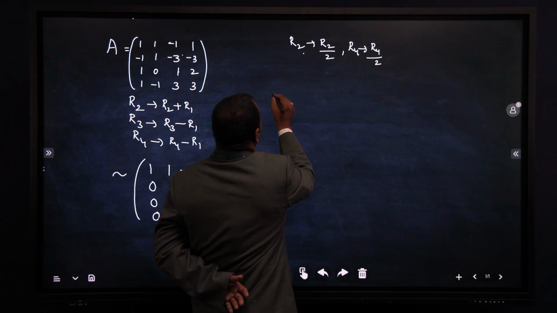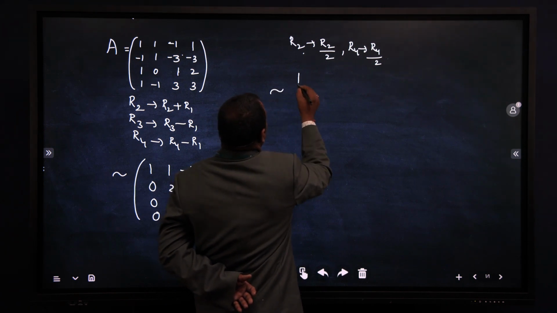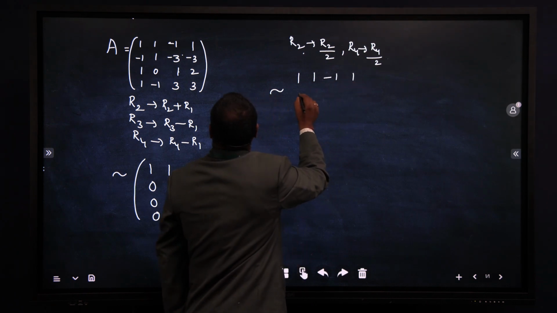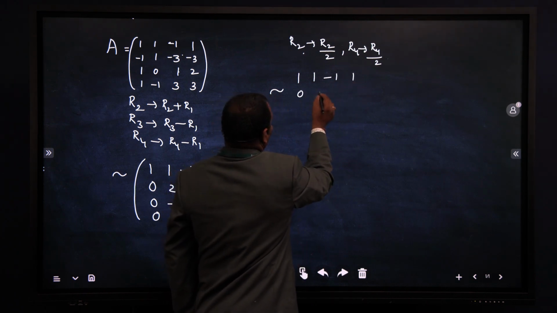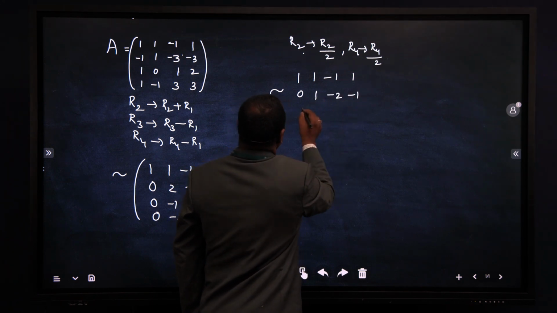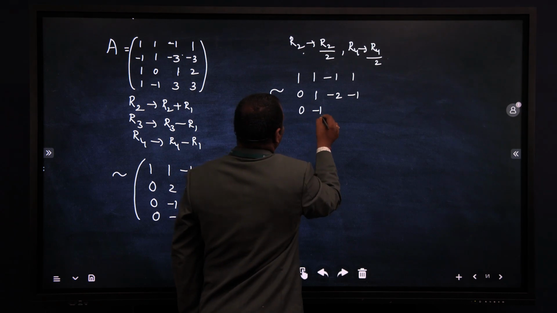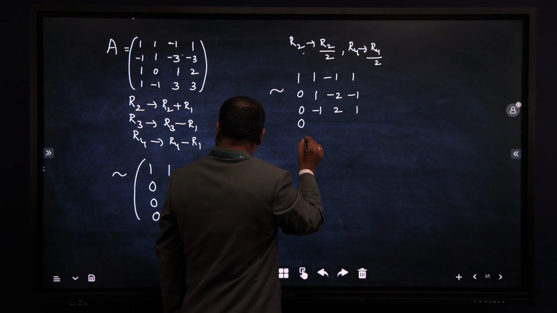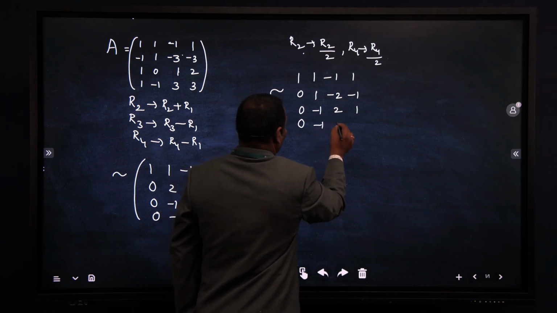Taking out 2 common, it is equivalent to 1, 1, minus 1, 1; then 0, and taking 2 common, 1, minus 2, minus 1; then 0, minus 1, 2, 1. Again taking 2 common in R4, we get minus 1, 2, 1.